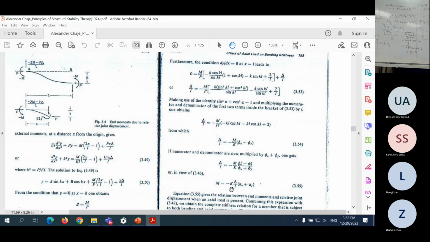So k here is EI over L, then alpha N plus alpha F times delta over L. That is the term there, which is for this case. If we have end rotations and relative end translation at the same time, this one must be added to alpha N theta A plus alpha F theta B, and then complete the whole equations.